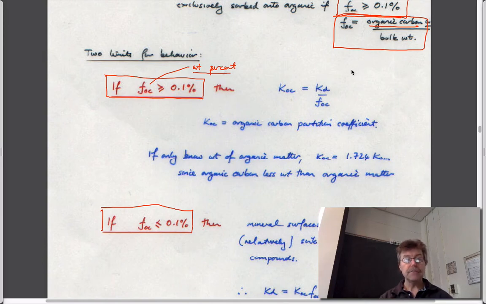And we can define the organic carbon partition coefficient as this expression. Actually, it's probably easier, more logical to write out the fact that we'd like to figure out this distribution coefficient, and the distribution coefficient is just the product of this fraction of organic carbon multiplied by the organic carbon partition coefficient.